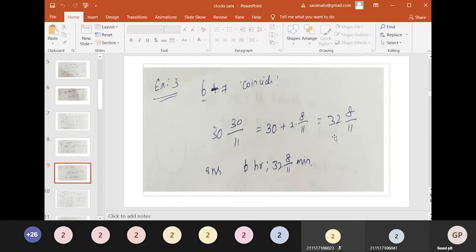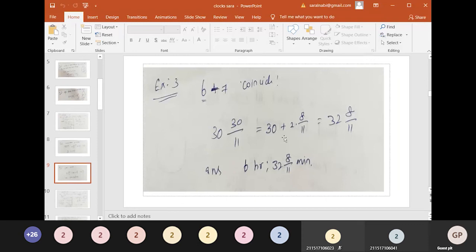So now we consider 6. So 6 can be written as 30. Then you can write 30 into 30 by 11, which, when you convert that into a fraction, is 32 into 8 by 11. So you can write the answer: 6 hours, 32 and 8 by 11 minutes. At this time, your hour hand and minute hand will coincide.